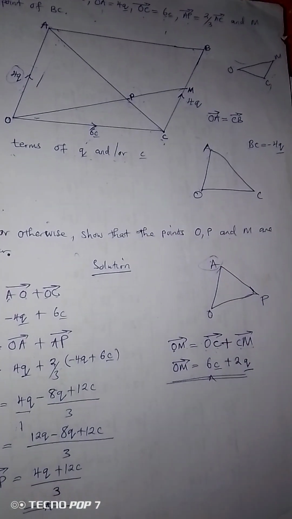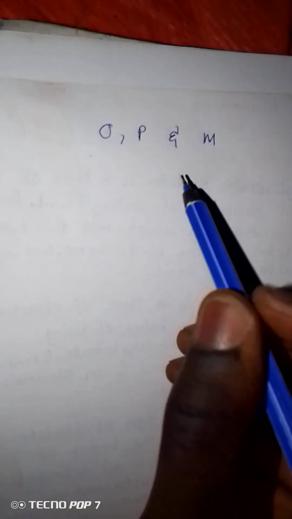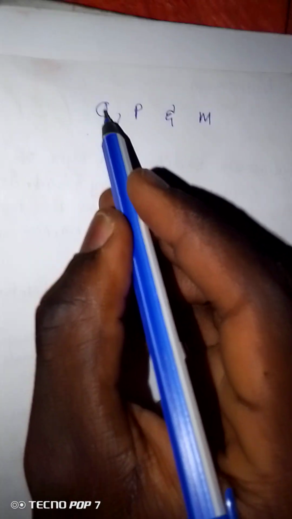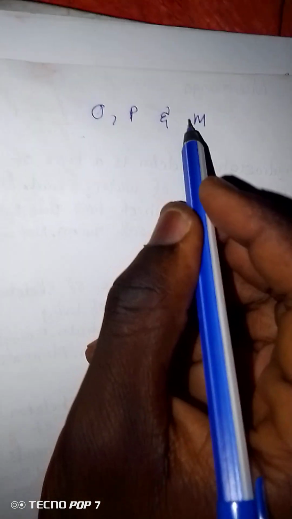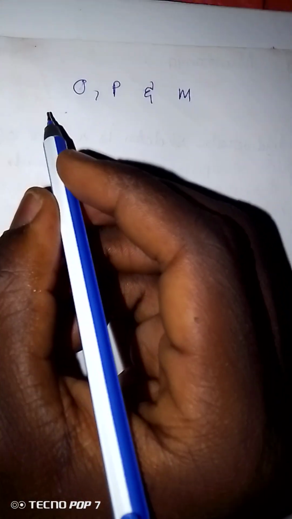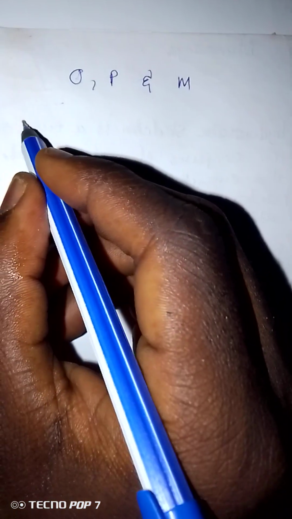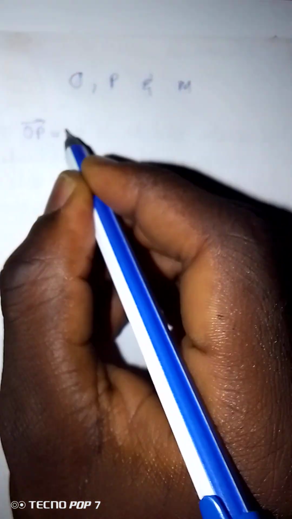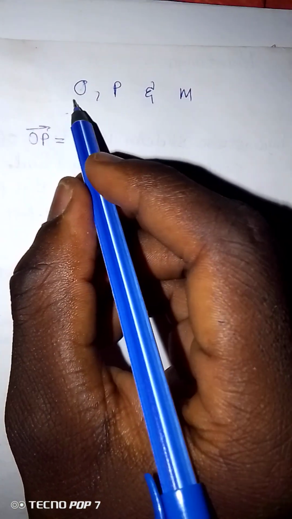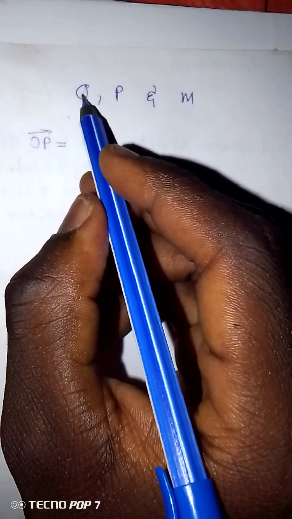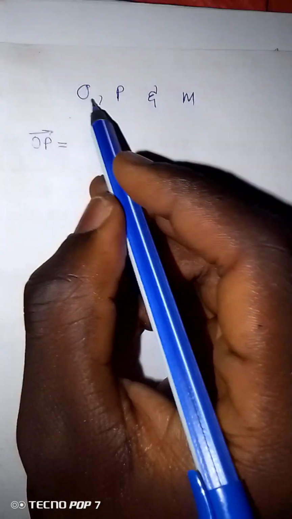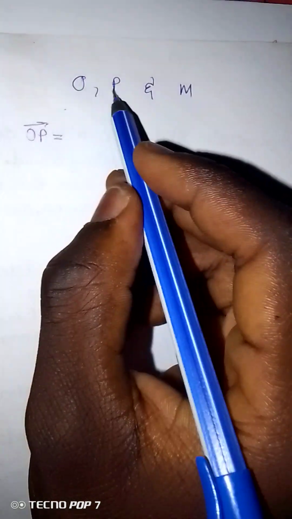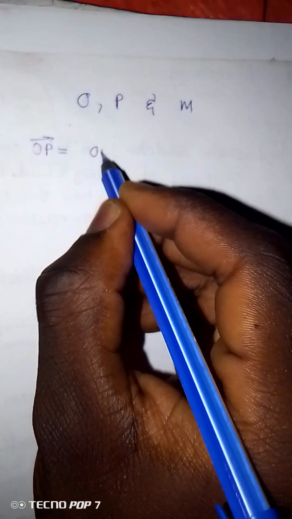We do this. Okay, so now what you're going to do here, they said you should show the points O, P, and M are collinear. So you say OP is equal to, we look at the vectors that we found. If you want, you can say OP to PM. Right now, you look at the one we found. So OP and OM.